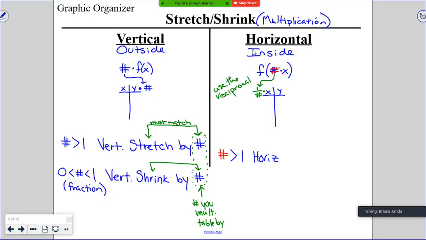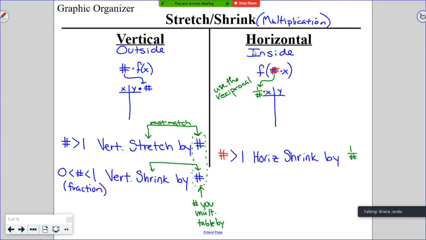Well, if it was a big number in our function, we actually would end up multiplying our table by a fraction. So we would call this a horizontal shrink by, and then the number you see here ends up being this number that we multiplied our table by. And again, this little number right here would be what you saw in your function.